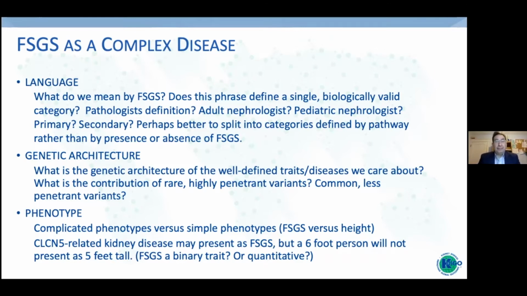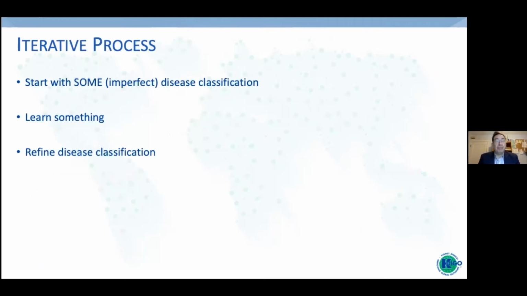To really think of this precisely, we need to really define what we're talking about, or perhaps, at least from the point of view of genetic studies and genetic dissection, forget about FSGS as a meaningful term.